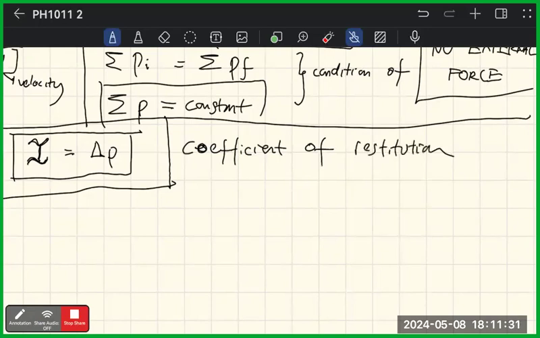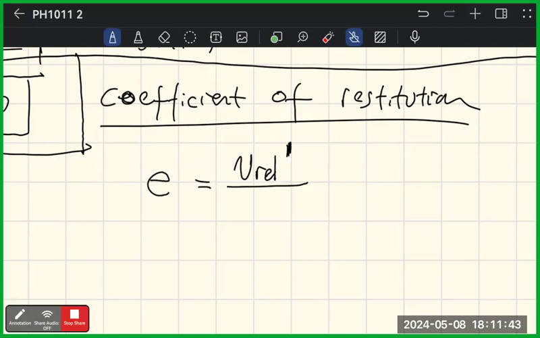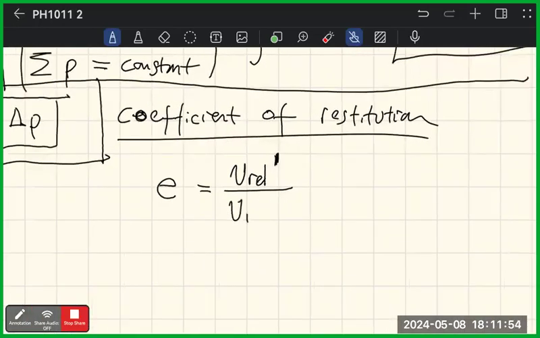The coefficient of restitution is e equals the relative velocity after the collision, or just after any kind of touching, over the initial relative velocity.